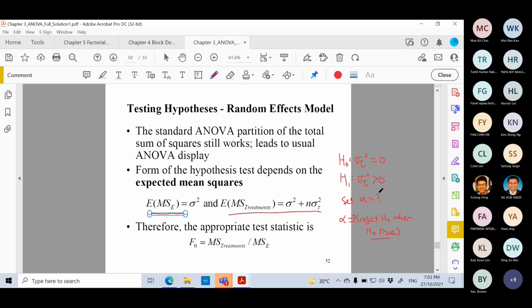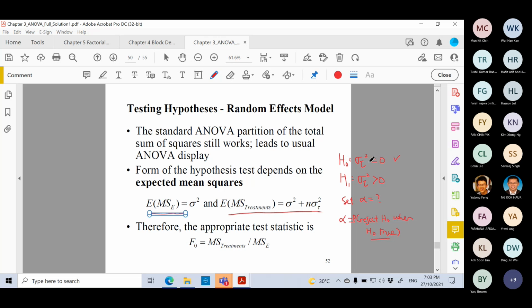So when you set your alpha of the type 1 error, you always assume that your null hypothesis is true. When you carry out any hypothesis testing, you assume that your H naught is true. So under H naught, the variance of tau square equals 0.